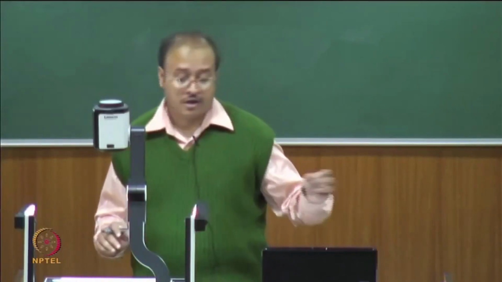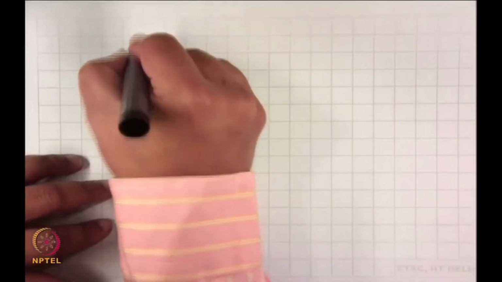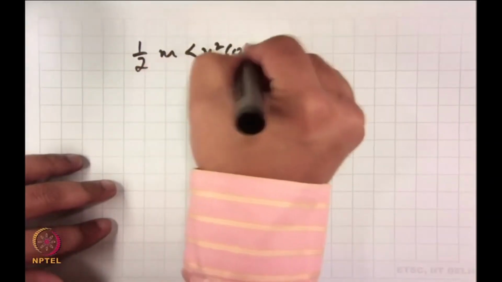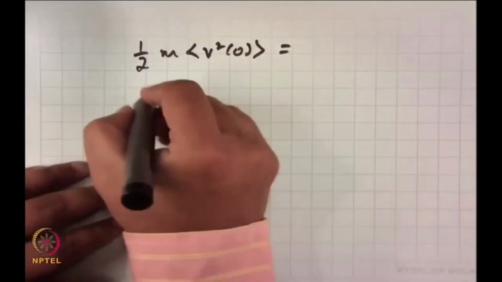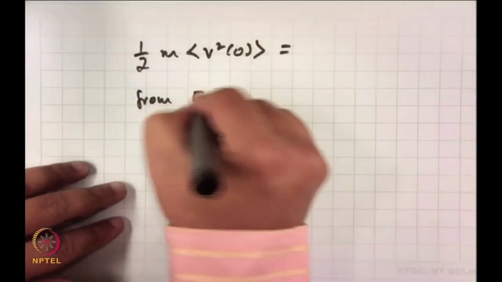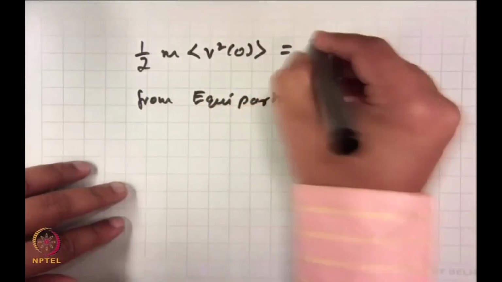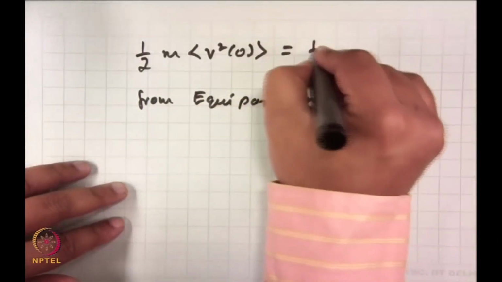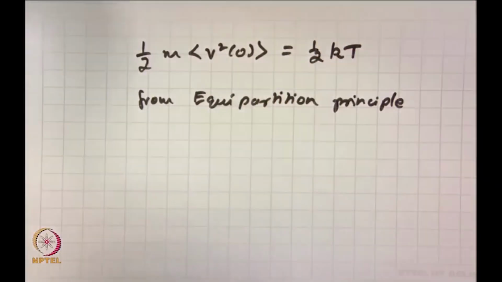But now look at this, can we simplify it further? What do you mean by simplification? From the equipartition principle, if you remember, half m times v square 0 should be equal to half k T, where k is the Boltzmann constant and T is the temperature, right.